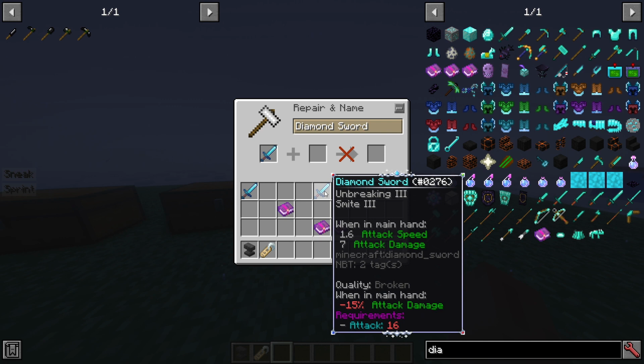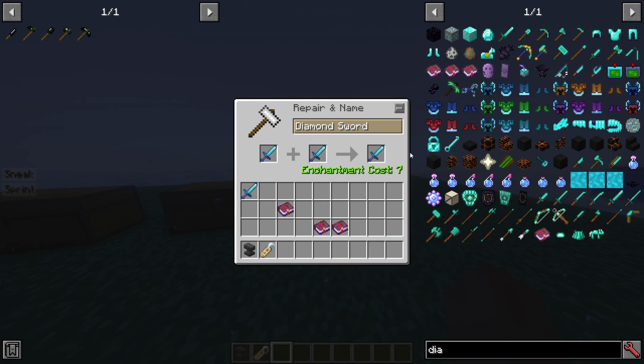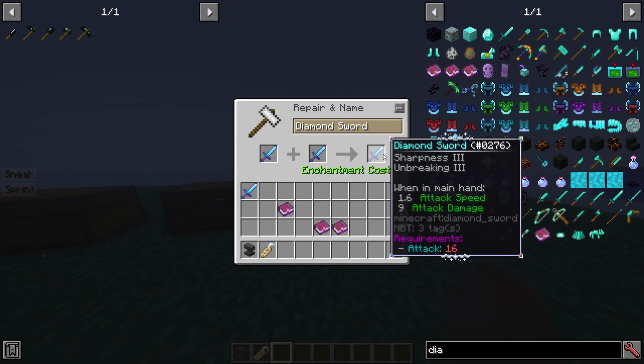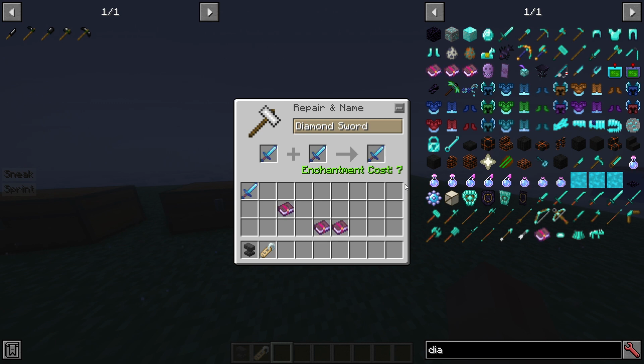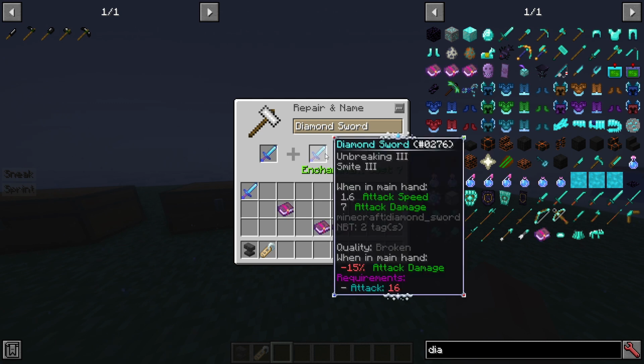First of all, Smite is uncommon, so it would cost 6 levels, but we can't put Smite on. We can put Unbreaking on, that's going to cost 6 levels, we already checked that. How much do we pay for Smite? 1 level. You pay 1 level per incompatible enchantment on the right side.